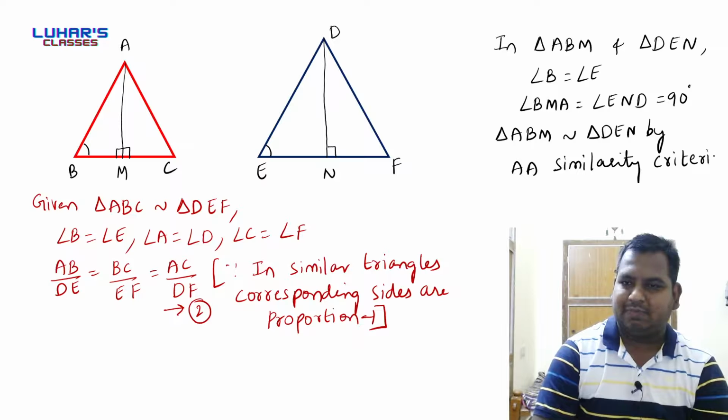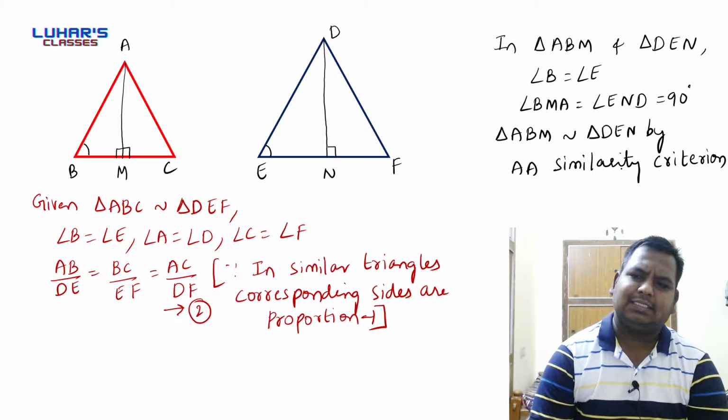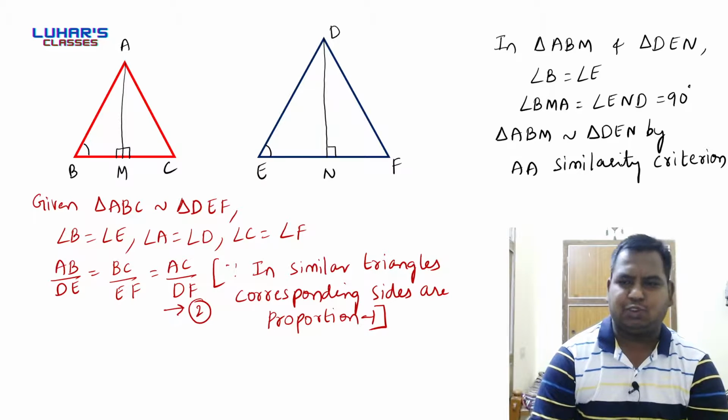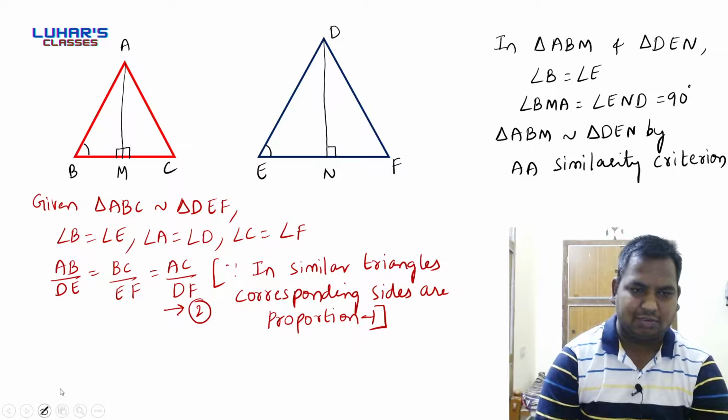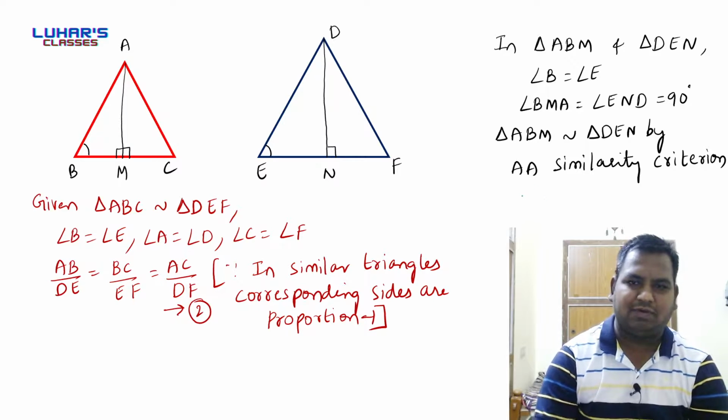Now as I mentioned just now, if two triangles are similar, corresponding sides are proportional. So here, let me use a different color to make a difference.